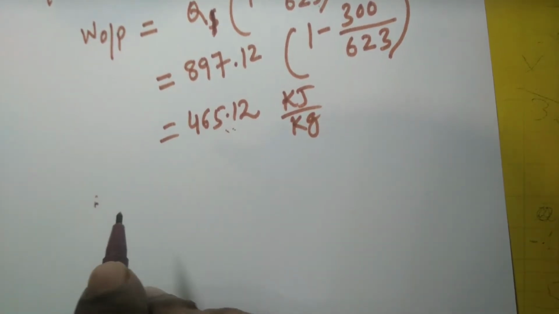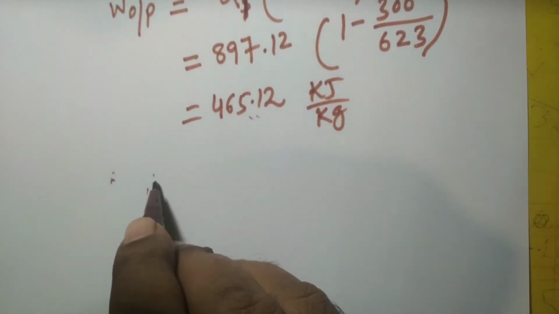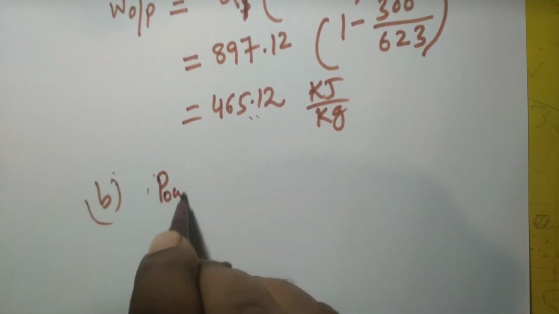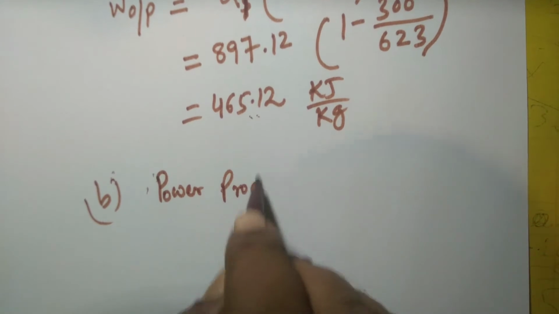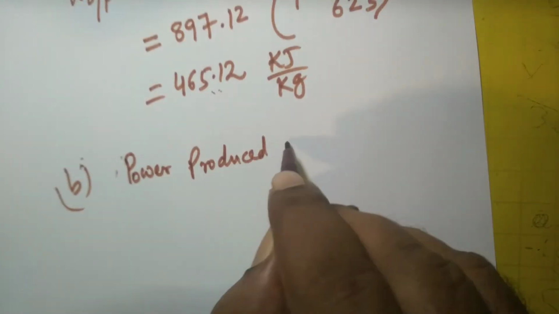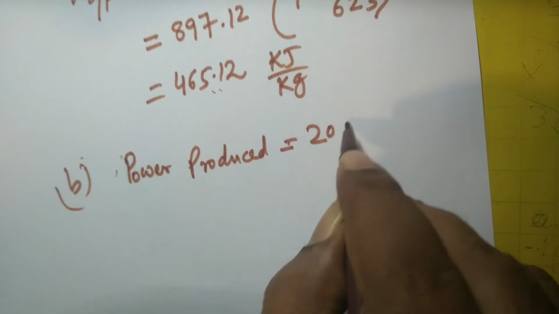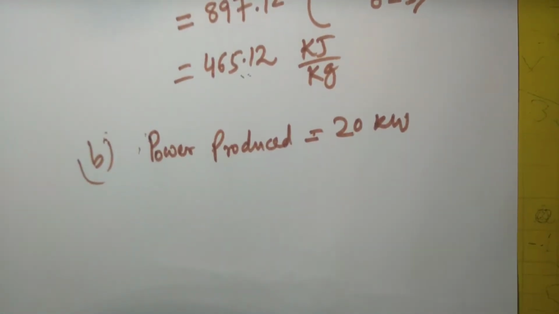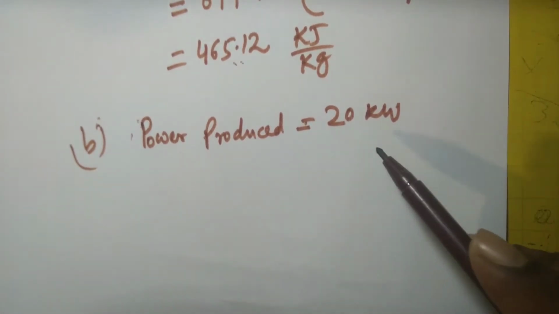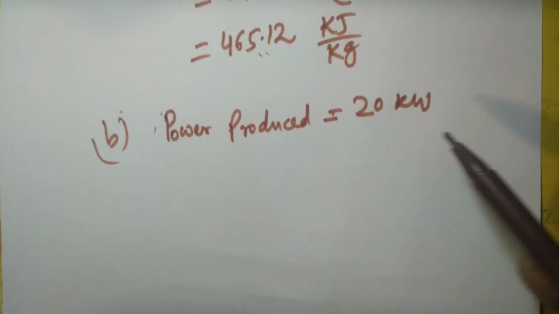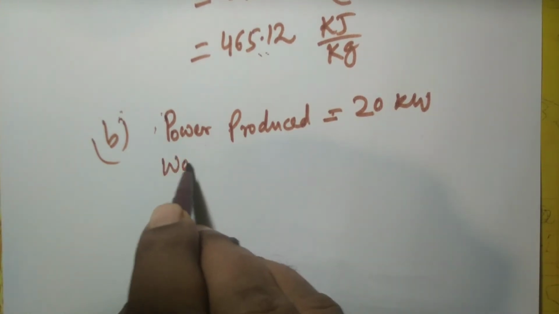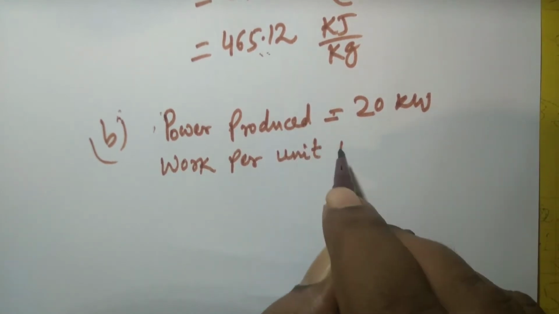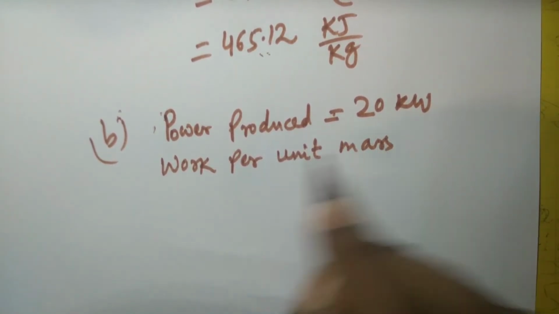You see, suppose the total power produced is equal to, given to be, 20 kilowatt. Power produced means work per unit time. So this is work per unit time, but work per unit mass we have already calculated, and it is per unit mass of steam.